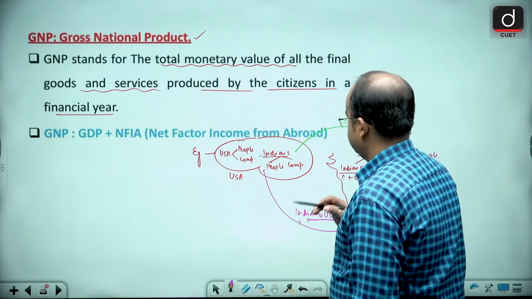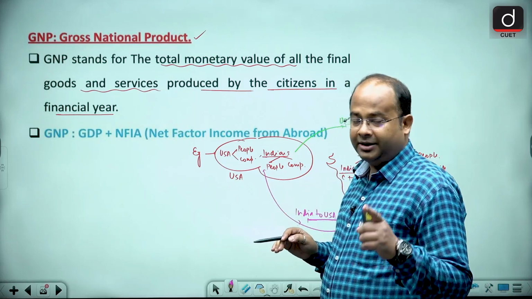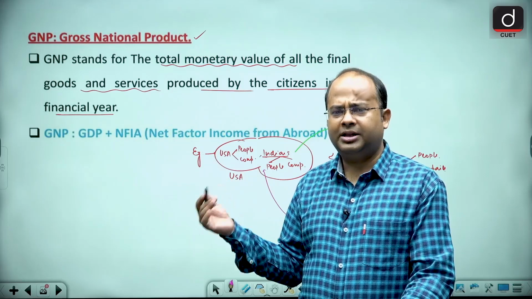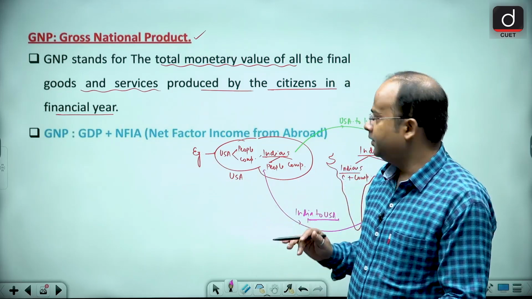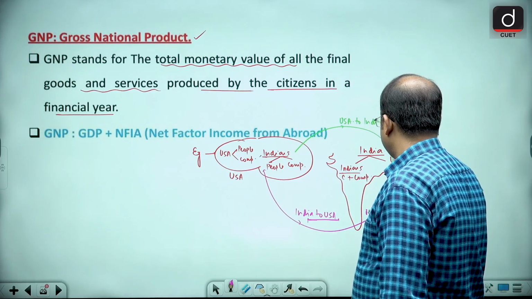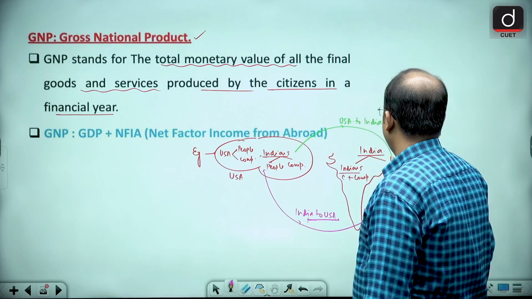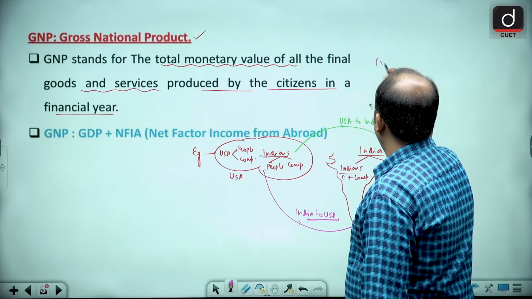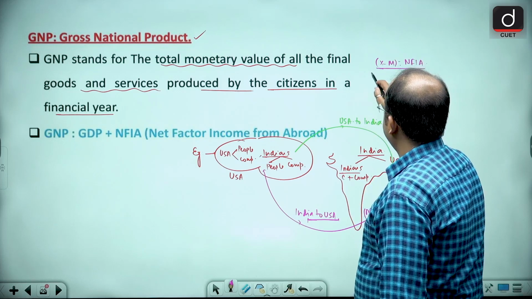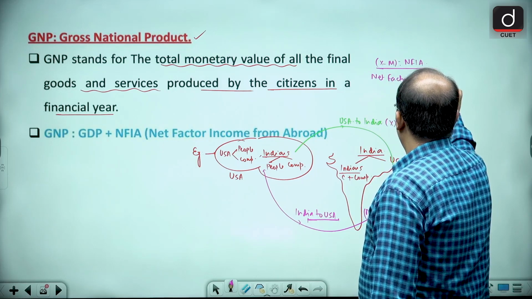Now guys, what happens if you want to calculate? Here, the income earned by the citizens of India comes in. So this is X and this is M. What happens, my dear learners, is that X minus M is called NFIA, net factor income from abroad.